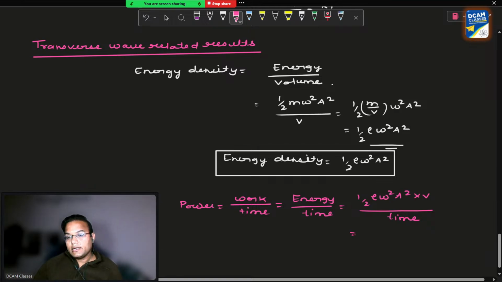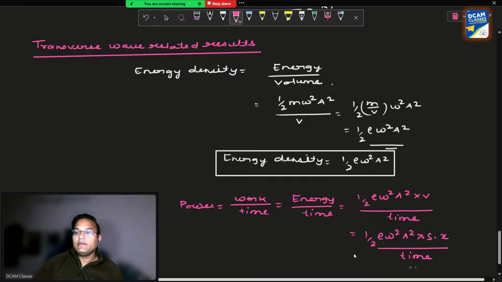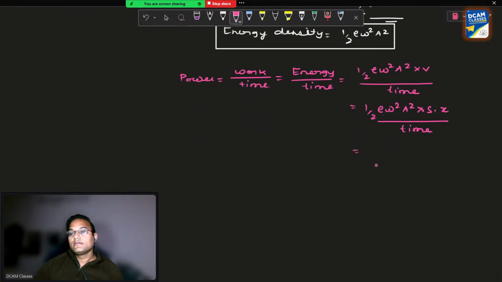Volume, I'll write area into x. So half rho omega square A square into area into x divided by time. So x by t will be velocity. So half rho omega square A square S v. That's power.